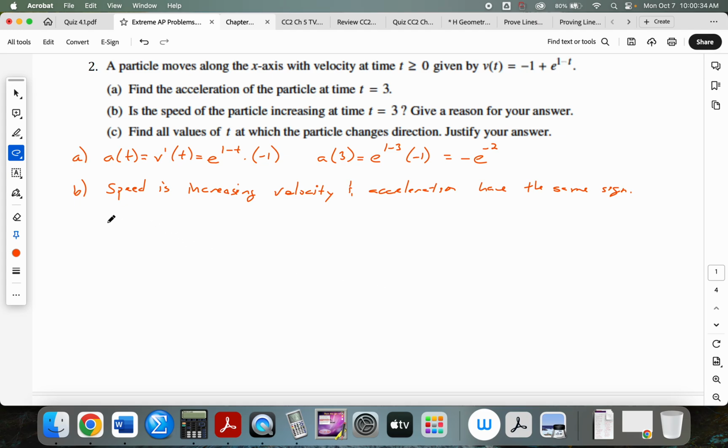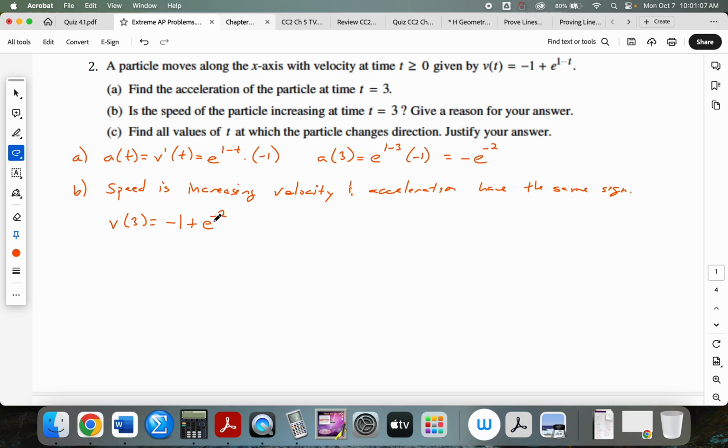So we need to figure out, well, what is the velocity at time 3? The velocity at time 3 is going to be negative 1 plus e to the negative 2. I think this was a calculator problem, but I honestly don't remember. So let's see if we can kind of figure it out. Do you know about how big e is? 2.7 something, right?